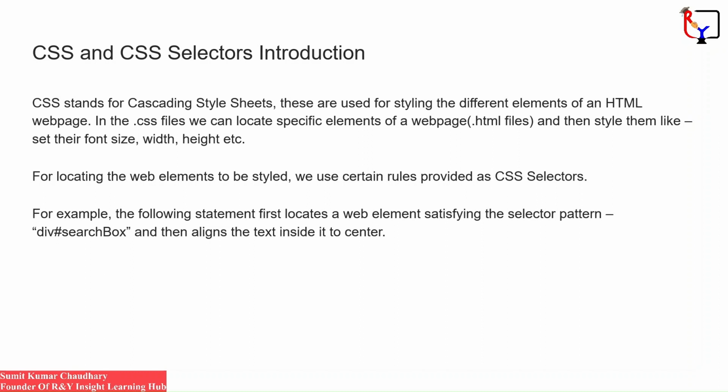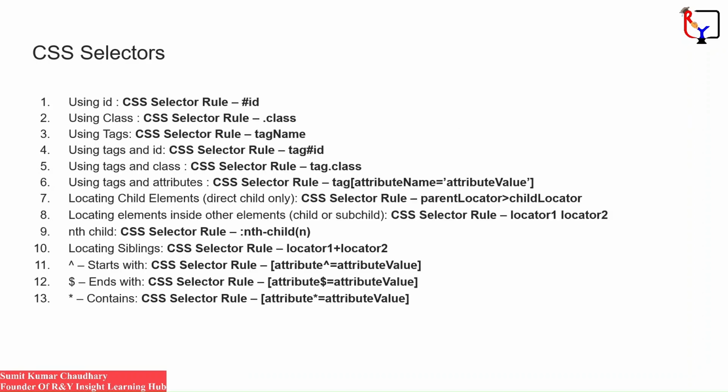For example, the following statement first locates a web element satisfying the locator pattern, like div#searchbox. Div is the tag. Or if we require to locate the input box, input#inputbox and so on.